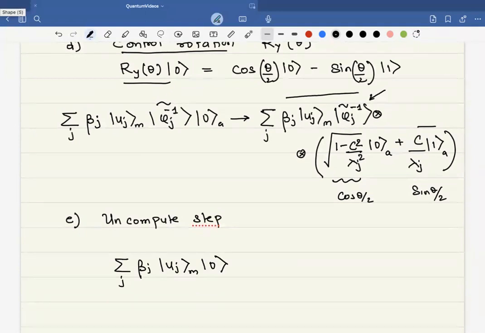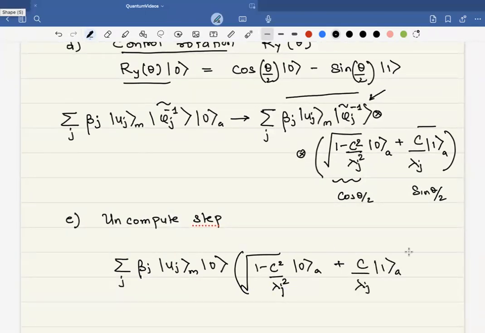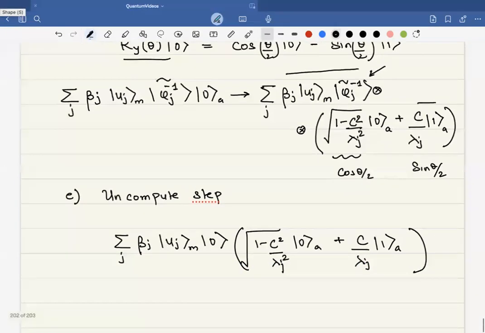This will be sort of inverted, and then we have square root of 1 minus c. Now if we measure the ancilla state and get a 1, then we have our result, right?